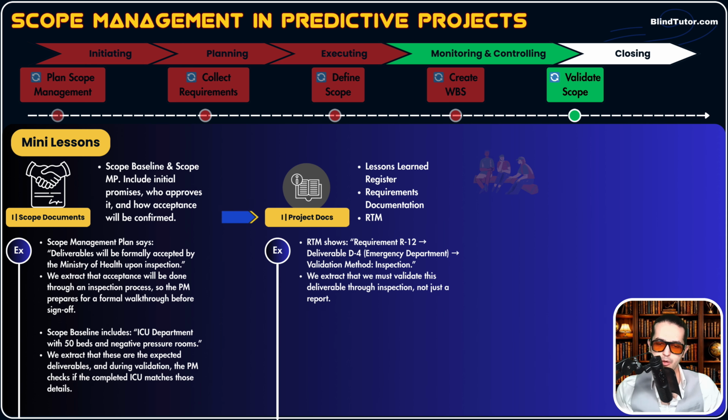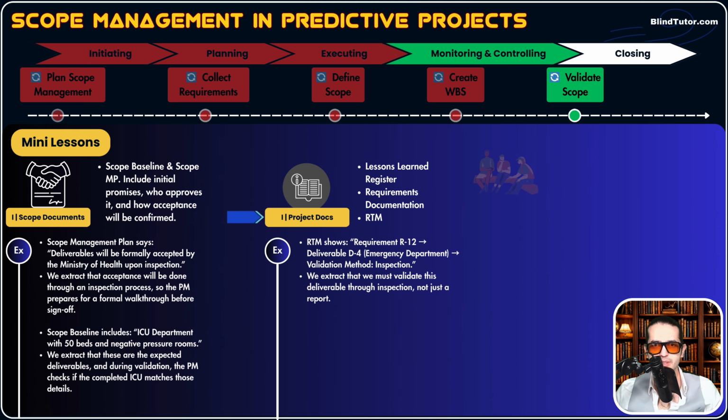Okay, let's see how it helps us. Let's clarify with an example. In the RTM, there is a row saying requirement, let's say R12. Okay, you remember RTM was a table. Requirement traceability matrix. Matrix is a table. So requirement R12 is connected to deliverable D4. For example, deliverable D4 is emergency department.